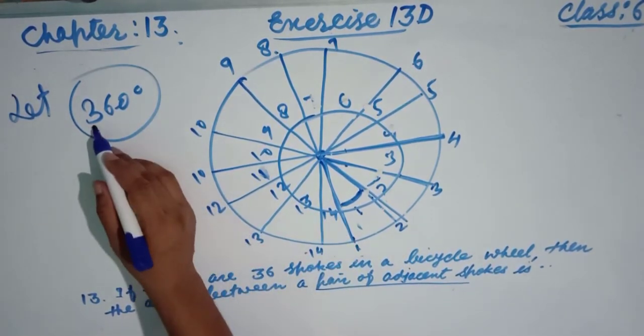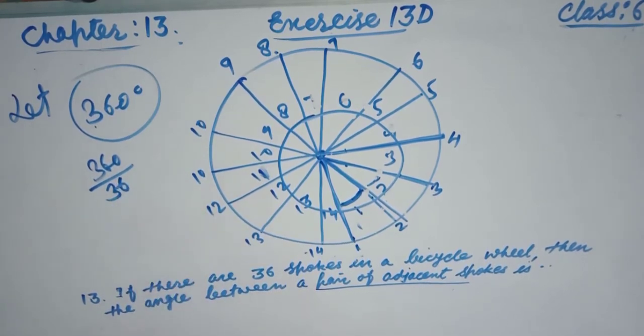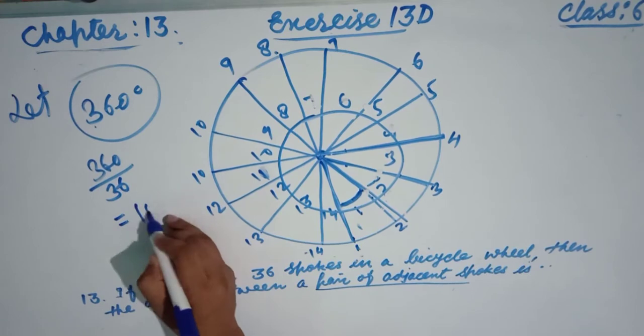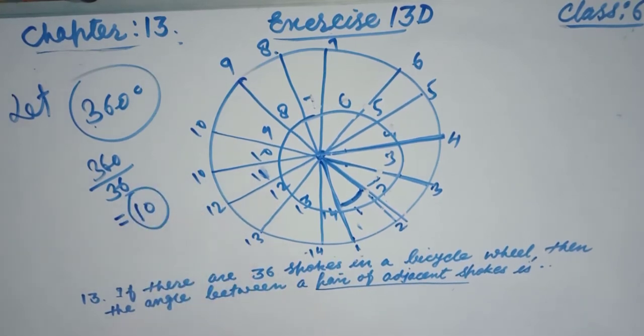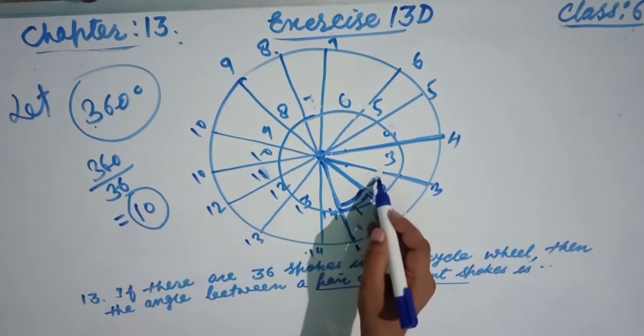If we divide 360 by 36, then we will get the angle between a pair of adjacent spokes. So the angle is 10 degrees.